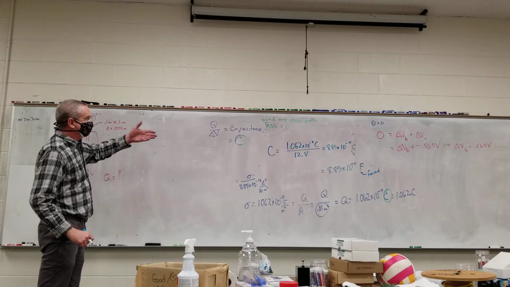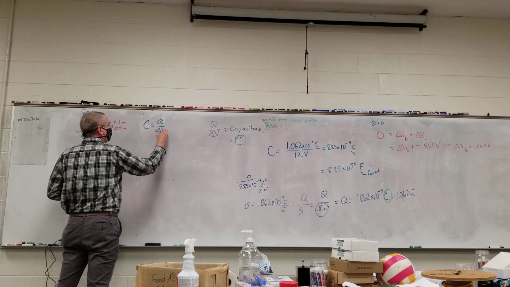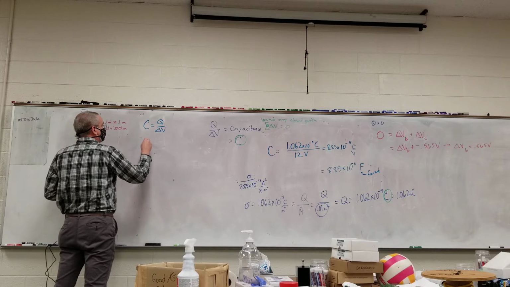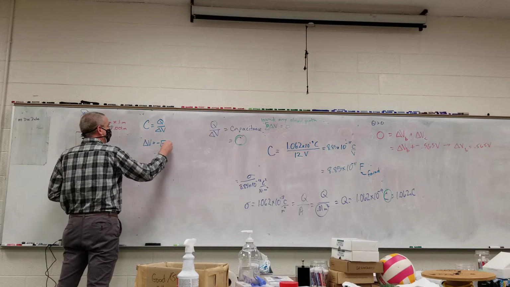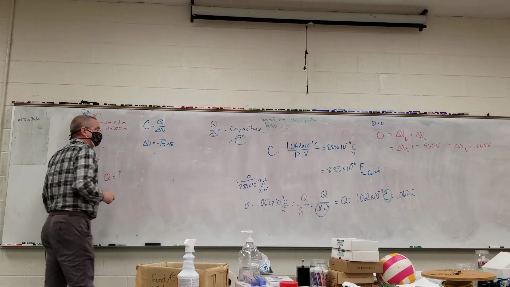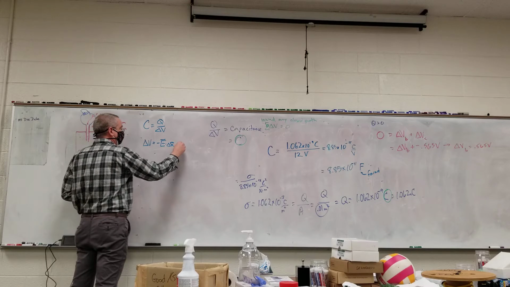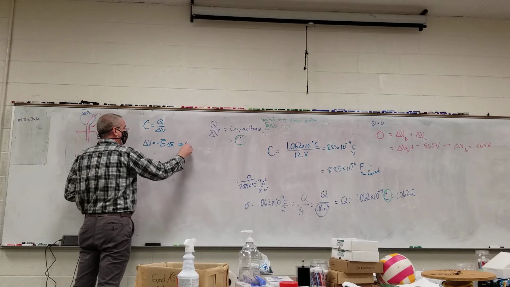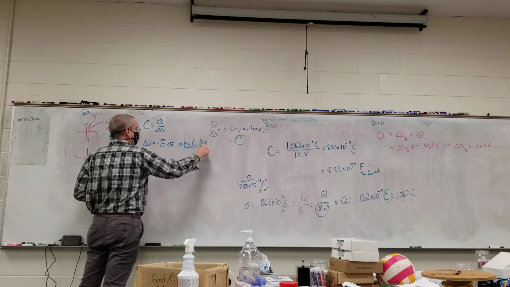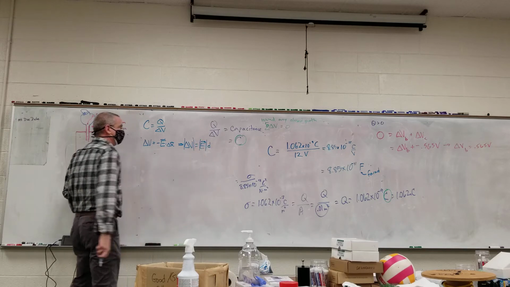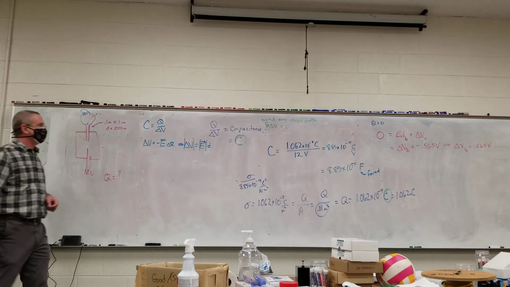All right, so I have a formula. The formulas I'm working with here: capacitance is Q over delta V. I know that delta V is negative E dot delta X, or if I'm just looking at magnitudes, the magnitude of my voltage is just equal to the magnitude of my electric field times the distance between them. The V equals E X equation.